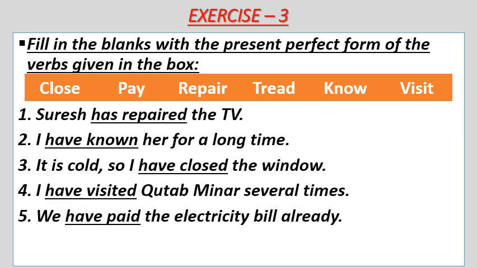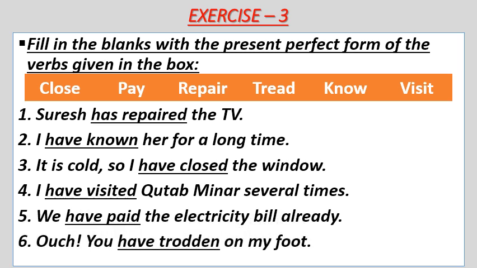Number 5. We dash the electricity bill already. Answer is have paid. It is used to express indefinite action that happened in a period leading up to the present time. Number 6. Ouch! You dash on my foot. Answer is have trodden. It is used for the past action when we think of their effect in the present.